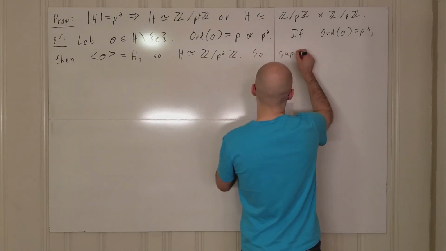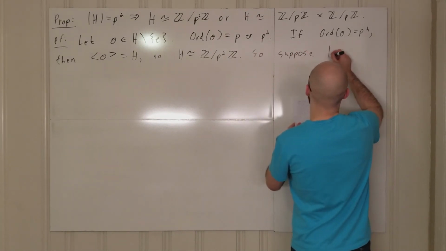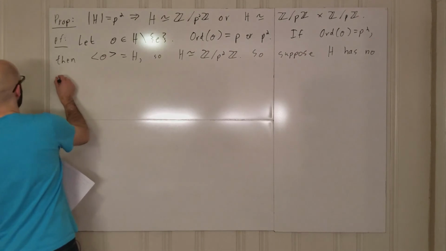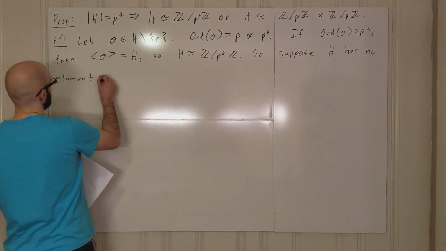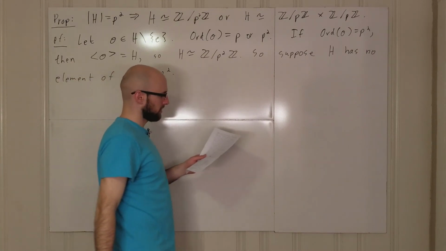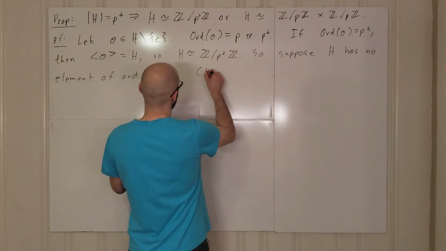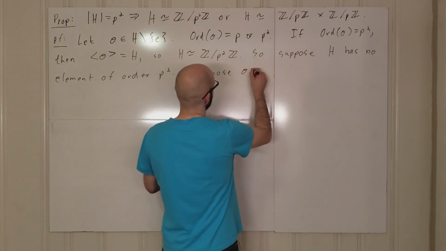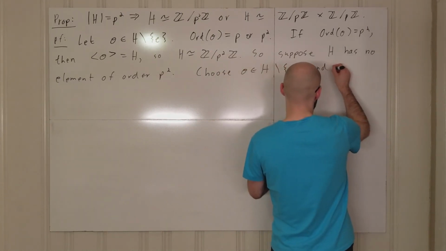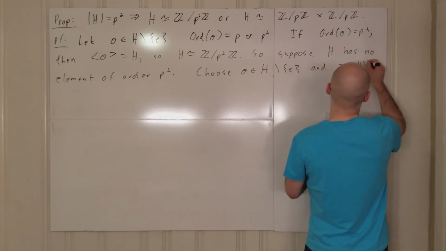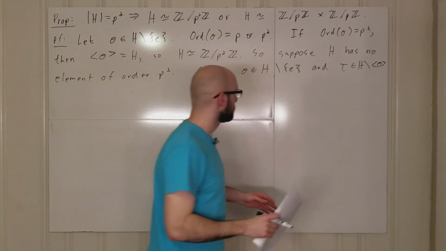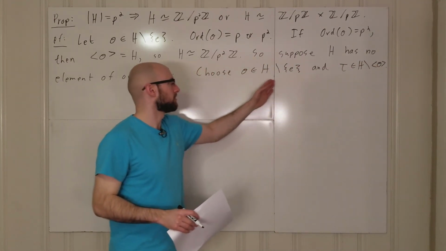So we're going to suppose instead that H has no element of order p squared. Then choose sigma to be a non-trivial element of H, and we want tau to be an element of H which is not in the subgroup generated by sigma.